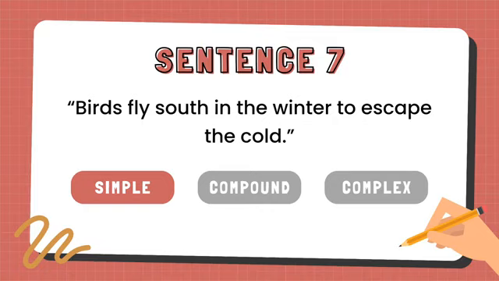It contains the subject, which is birds. Fly is a verb, and south in the winter to escape the cold is the modifier. Those are the individual qualities that make this a simple sentence. It contains only one thought.